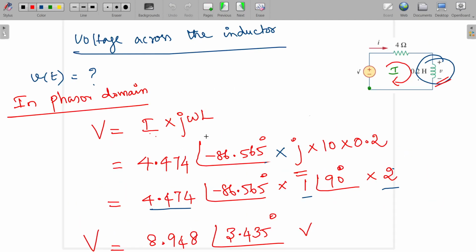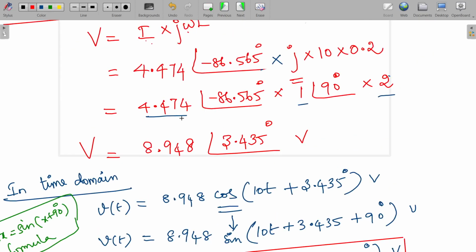So we refer to this one multiplied by j into omega, which we know is 10, multiplied by the L value, that is 0.2. Here it is 4.474 with the angle minus 86.565 degrees, multiplied by j. Instead of j you can write it as 1 angle 90 degrees, and 10 times 0.2 becomes 2, isn't it?